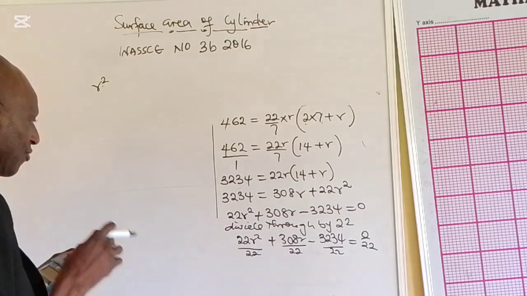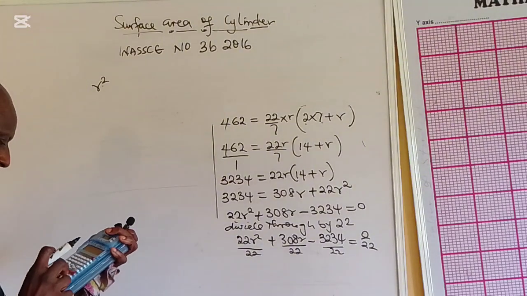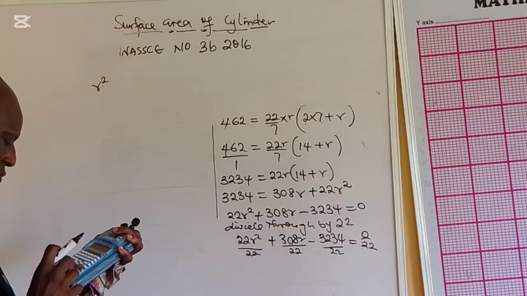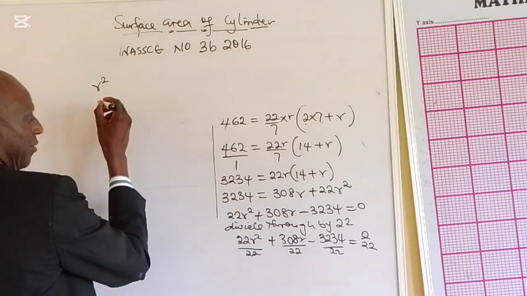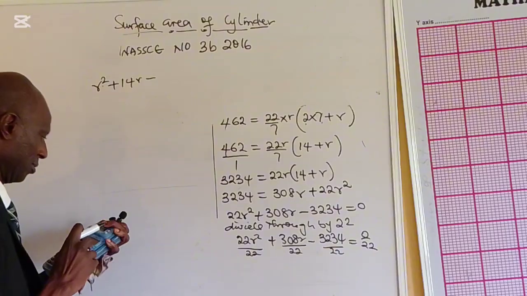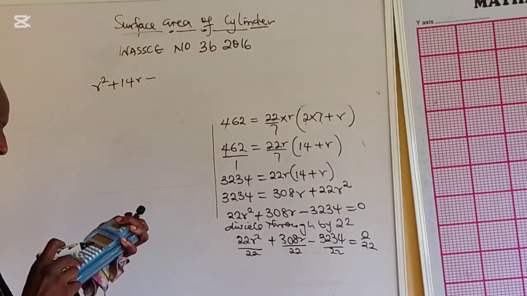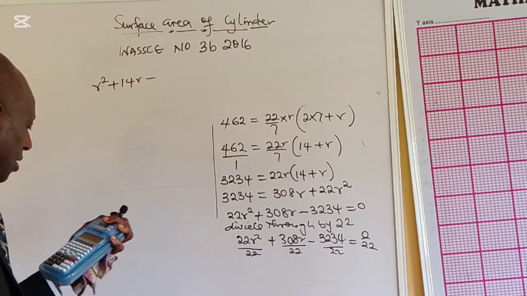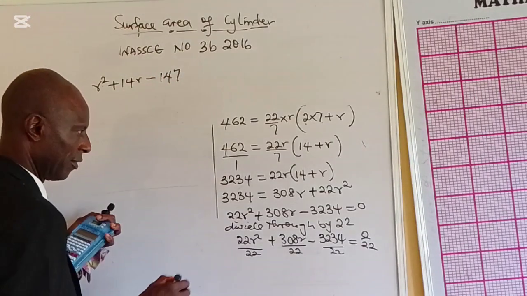We are left with r squared. Now, 308 divided by 22 gives us plus 14r. Minus 3234 divided by 22 gives us 147.